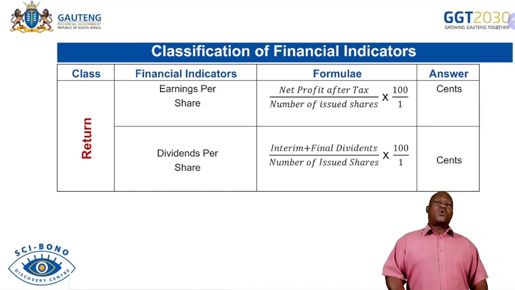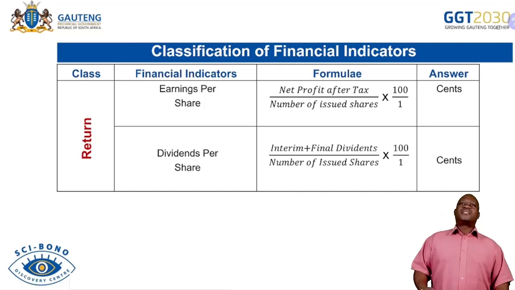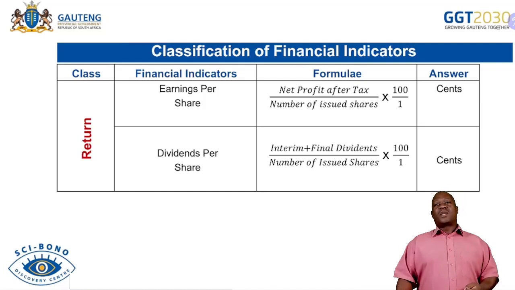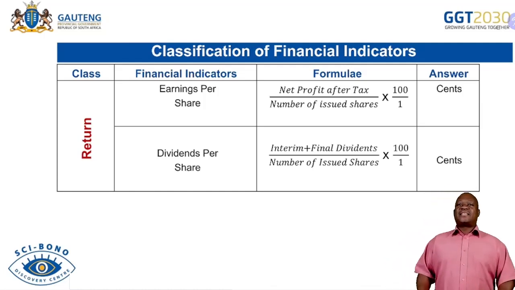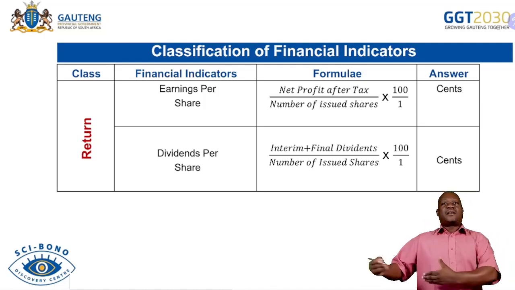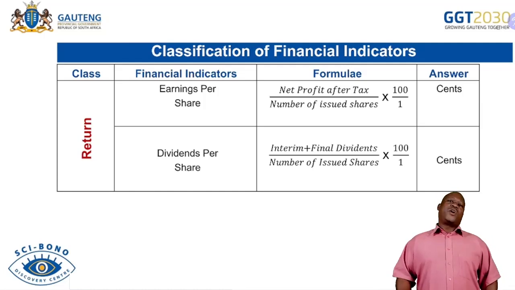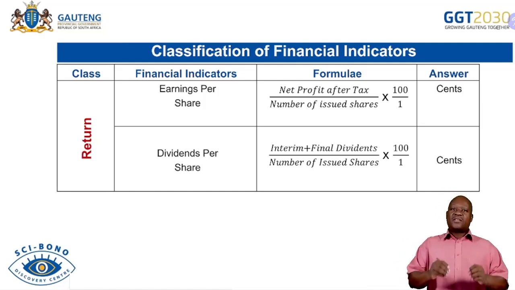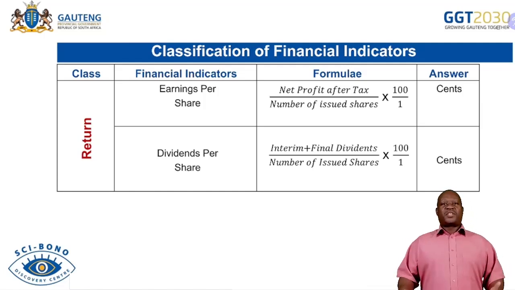Now, we also look into how much is every share contributing towards dividends. Now, the rationale here is, guys, if our business is earning 100 cents per share, we are not going to give all the 100 cents to the shareholders, but we are going to take part of that and give to the shareholders, which is not always the case though.